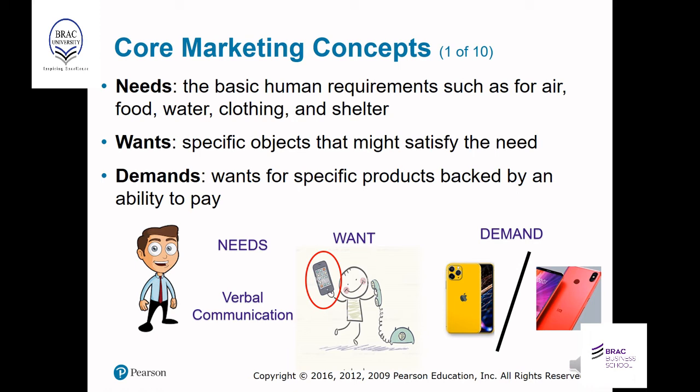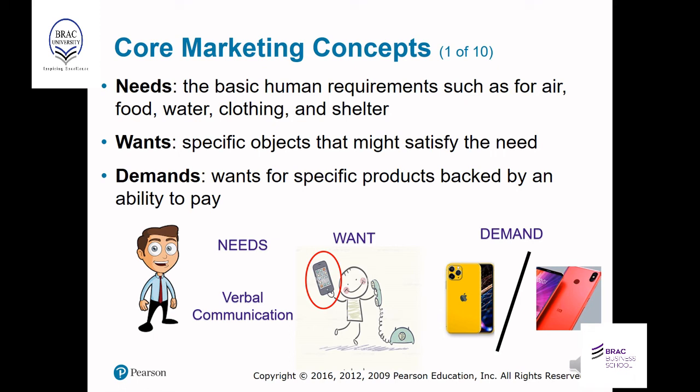So here the person's basic need is verbal communication, and that is why he is picking up the current practice, that is the cell phone. Now, what about demand? For a cell phone, he could purchase the model from Apple.